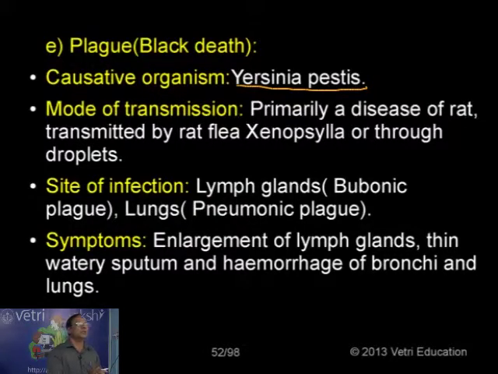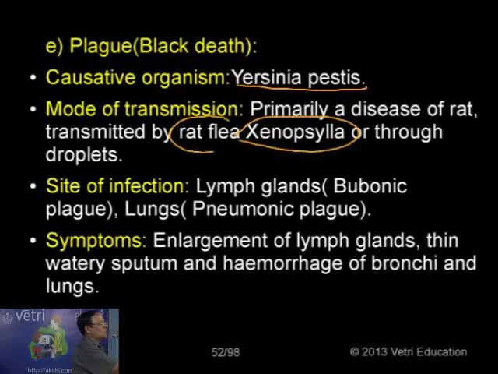It is primarily a rat disease, because the vector Xenopsylla, which lives on the rat's body, is commonly known as the rat flea. That is the main one responsible for transmitting the disease. Sometimes it is also transmitted through droplets in the case of pneumonic plague. So it is mainly transmitted by Xenopsylla.